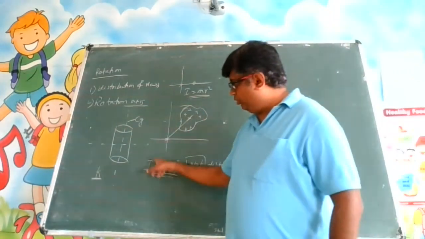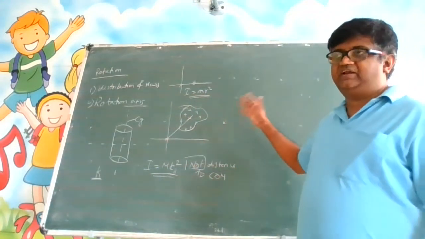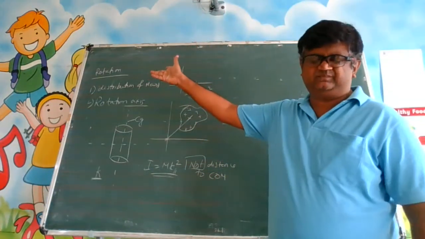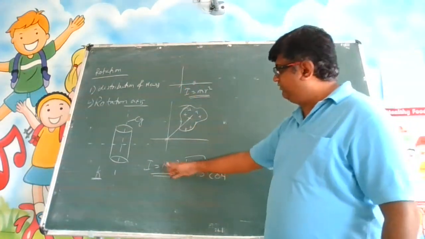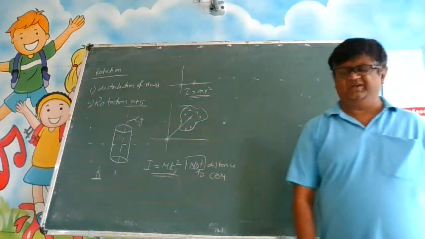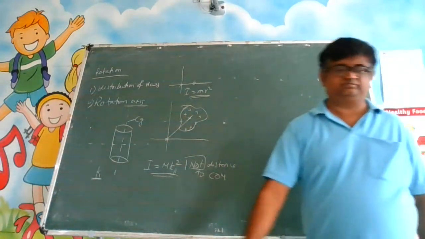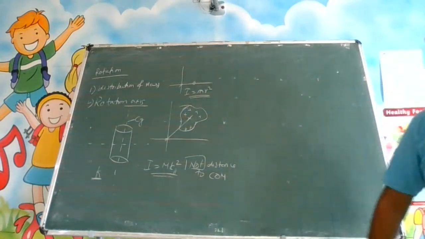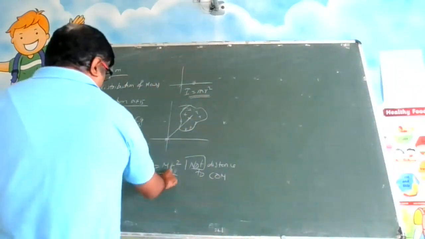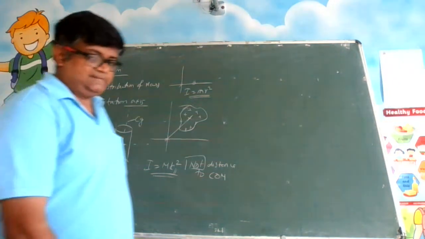So in totality, I will be equal to I1 plus I2 plus so on. This I must be equal to the sum of mr squared. That mr squared we write in terms of mK squared. It is just a mathematical way of writing. But K is not the distance to center of mass. It's a very important point. You should remember this. These are all basics.